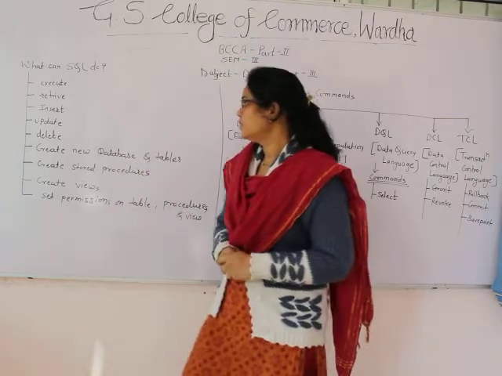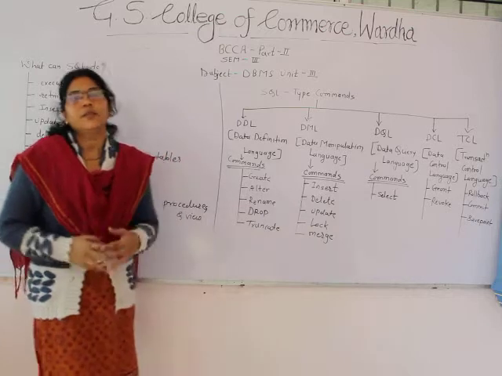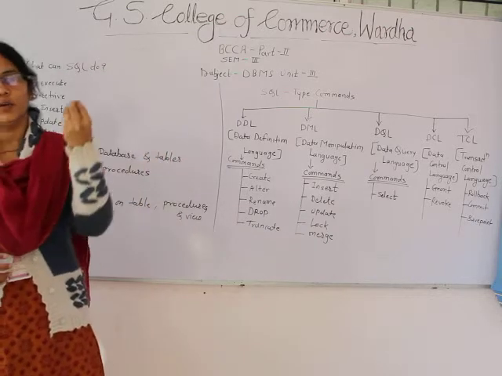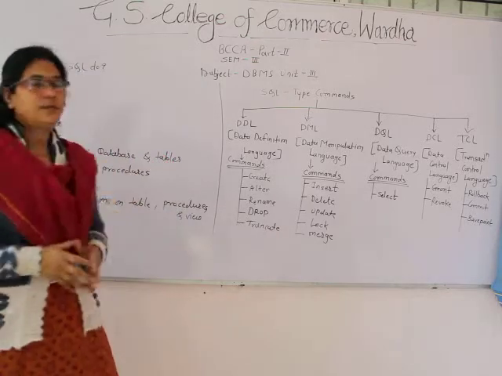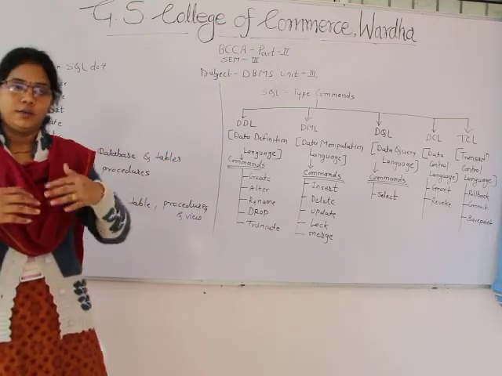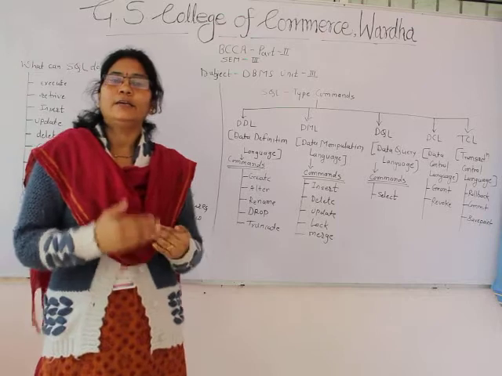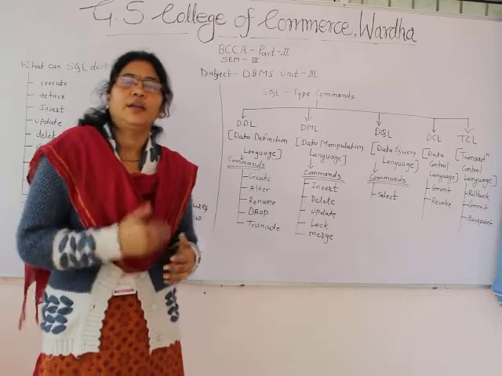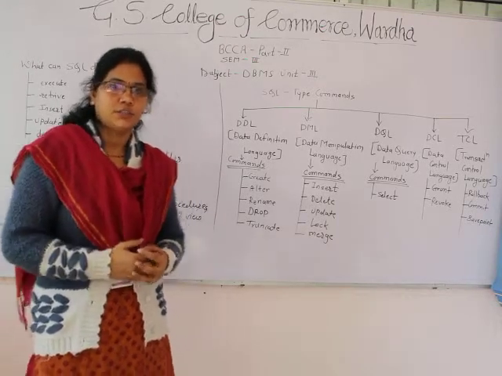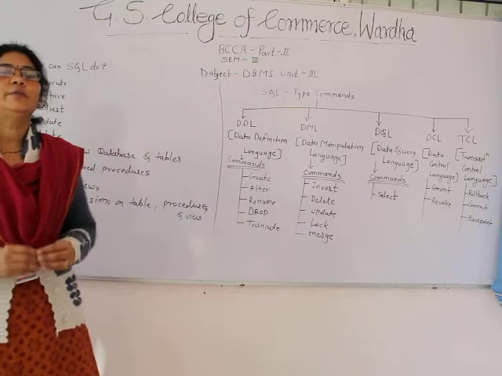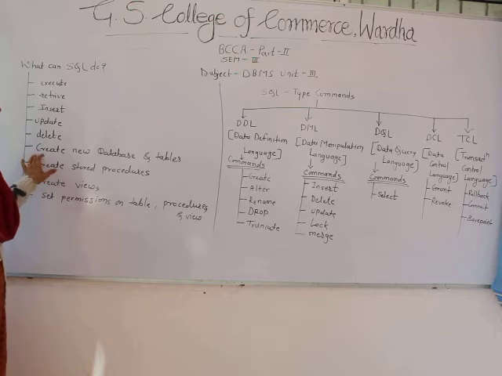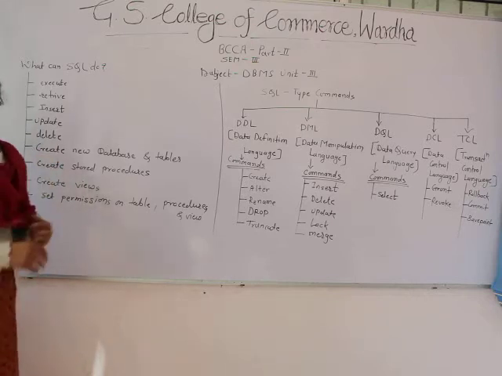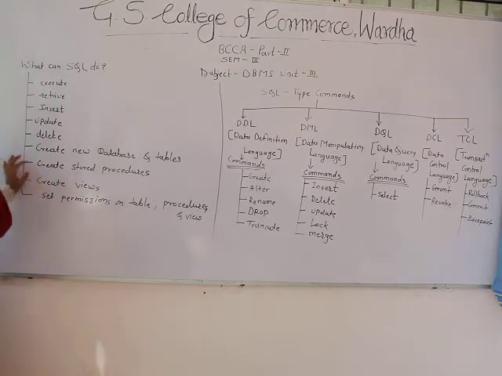The next one is create. Obviously, when we perform operations on the database table, there is a requirement to create a new table or new database in that organization. So that creation will be done by using the SQL command. We can create a new database or a new table by using the create command.